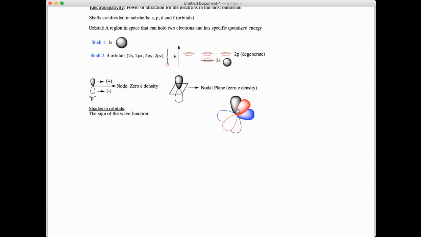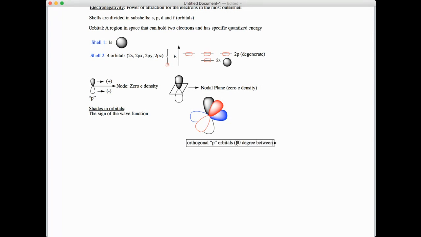I said there are three p orbitals, and they are orthogonal to one another. In this context, orthogonal, and I'm going to write it just in case, means 90-degree angles. That shows 2px, 2py, and 2pz right there.